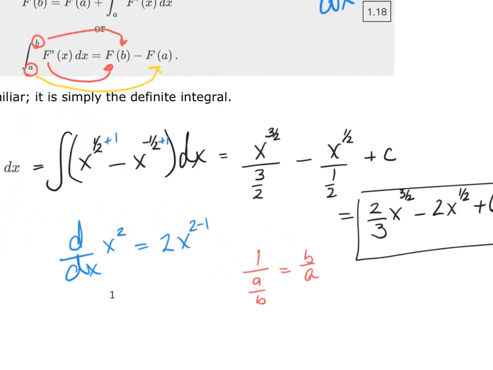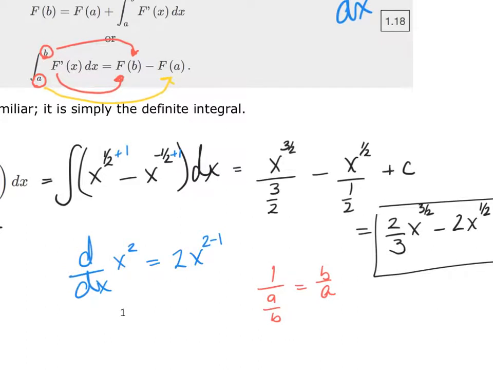So what I'm doing is, when I'm doing the derivatives, I take my power, I subtract 1 from it, and then the power comes down. So when I reverse that to go back, I'm integrating 2x raised to the 1, dx, so I have to reverse that subtraction.